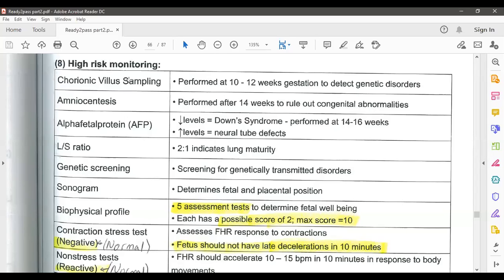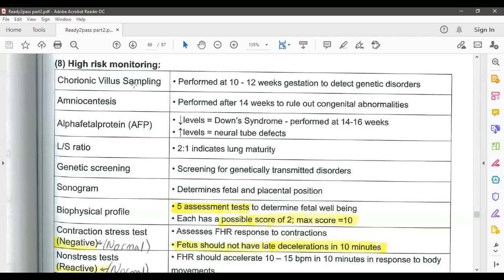Okay, so chorionic villus sampling. Chorionic villus means the tissue inside the placenta, right? And the placenta is surrounded by the amniotic fluid. Everybody knows that.